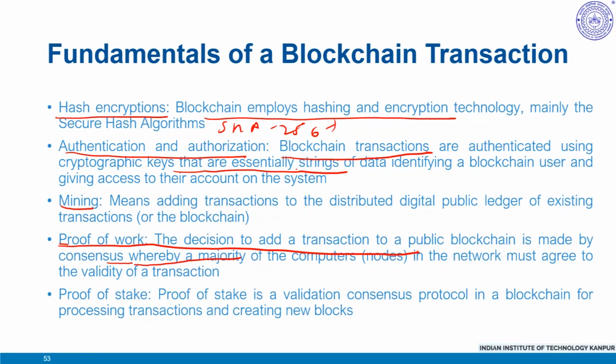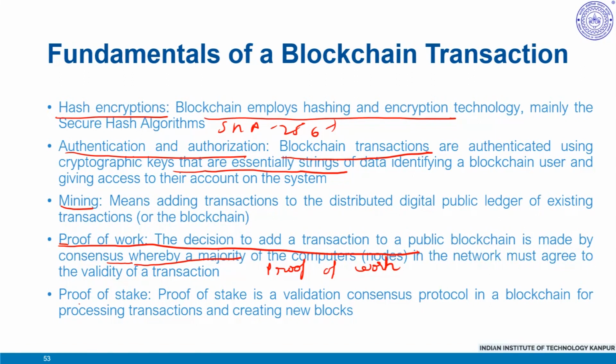Thus, people who own the nodes in the network need to solve a complex mathematical puzzle known as the proof of work problem to add a block to the chain. Solving the proof of work problem is also called mining, which requires some energy consumption by the people who are mining it. The people doing it are called miners, and they are rewarded for verifying the transactions in the form of probably a native currency, like Bitcoin on the Bitcoin blockchain.